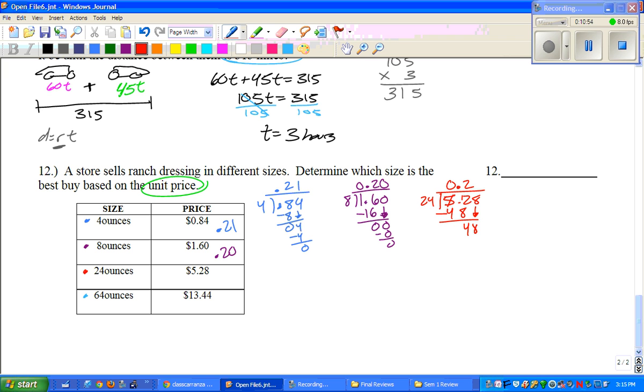Subtract, bring down the 8, and then 24 goes into 48. Well, you just did that 2 times. So far, the 8 ounces one is the cheapest. So we've got one more to do.